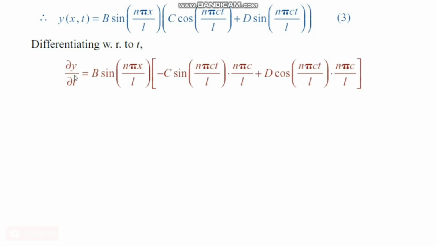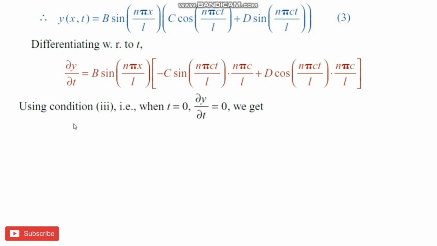Del y by del t equals b sin n pi x by L unchanged. This bracket expression: cosine, its derivative is negative sine, and its inner derivative n pi c by L; plus d sine, derivative cosine, whose inner derivative is n pi c by L. Using the condition, that is a zero condition, already we have utilized y(0,t) equal to 0, y(L,t) equal to 0.